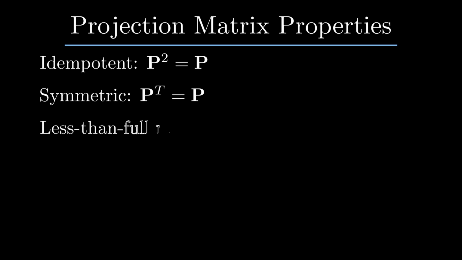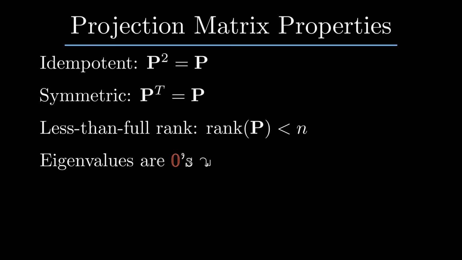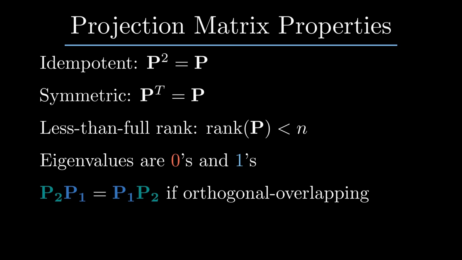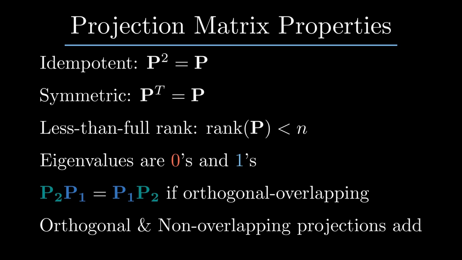They are less than full rank, so that projecting kills some dimensions. Relatedly, the eigenvalues of a projection are zeros in the null space and ones in the projection space. Projections commute if they are nested or orthogonally overlapping, and two orthogonal and non-overlapping projections will add to another projection, which if they span the whole space, will just give us the identity matrix.